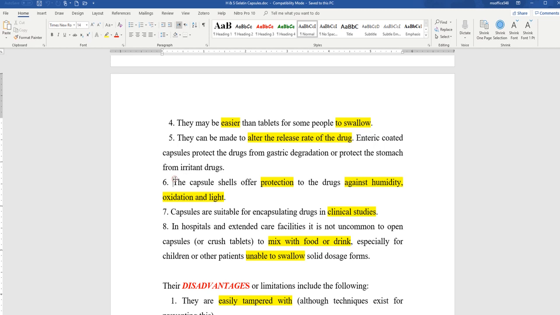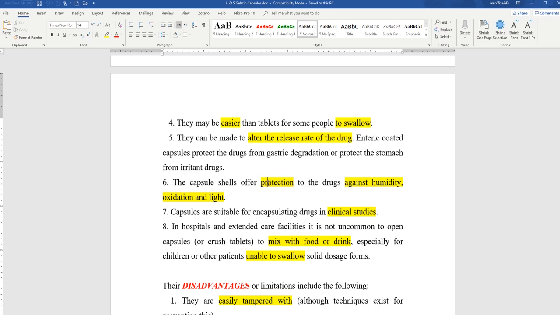Another thing is that capsule shells can offer protection of the drug. Some drugs may be sensitive to light, to oxidation, to humidity. They can be protected inside the capsule shells. But I have to be careful here, and I have to be honest with you. If the capsules are stored in a humid environment, the shell itself will deteriorate.